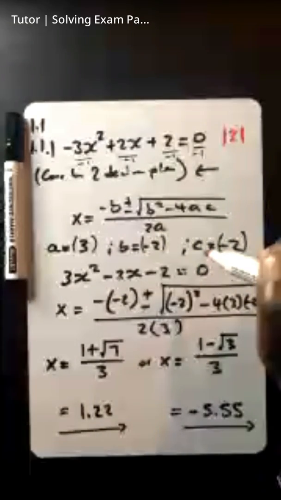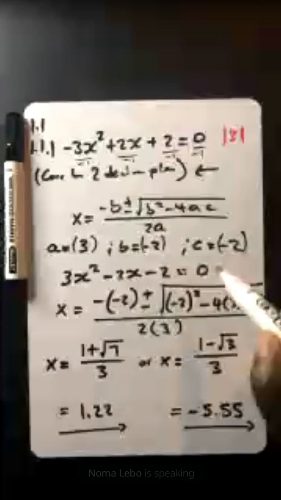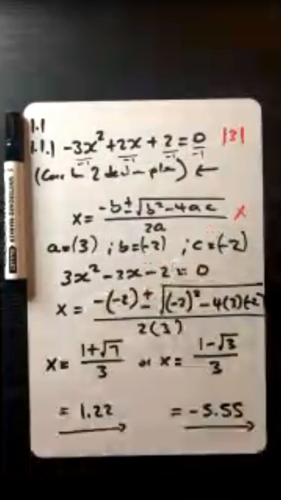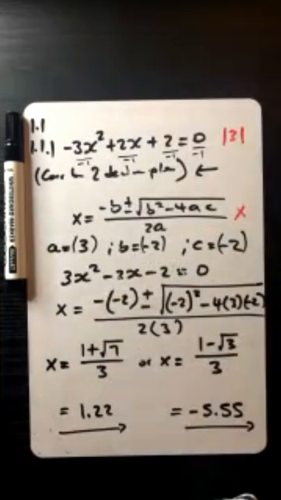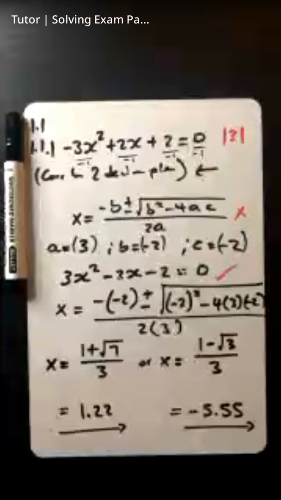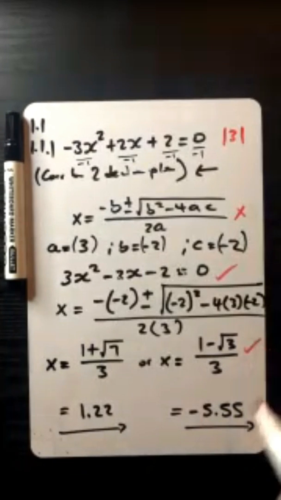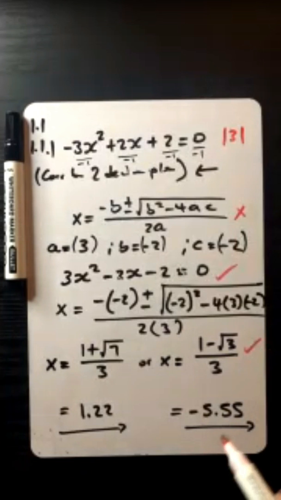Guys, are you getting the same answer or are you still calculating? We're getting the same answer, sir. Okay, so I assume we all get the same answer. So remember, guys, in mathematics, they usually don't give you a mark for identifying the correct formula, but for correct substitution, you are most likely to score a mark.